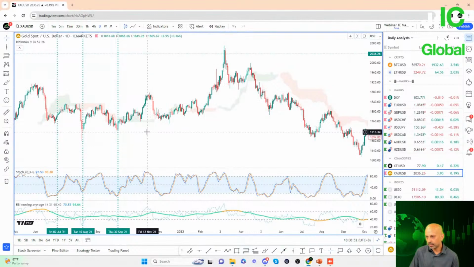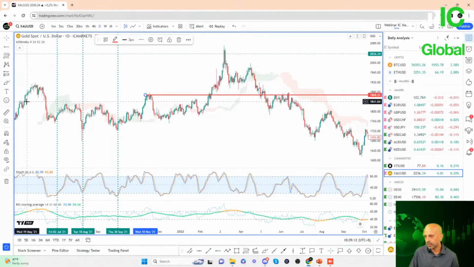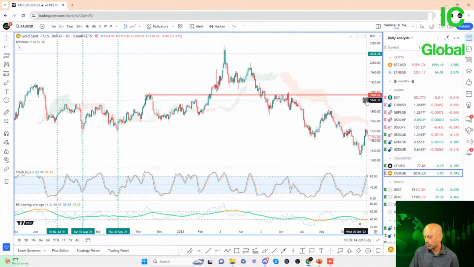Similarly, over here, we can also use RSI coming up as high as, what is this, 73, with stochastic also indicating overbought conditions. And at the same time, we see price not breaking above this resistance here at 1,868, right? So we can see price forming a nice top here.